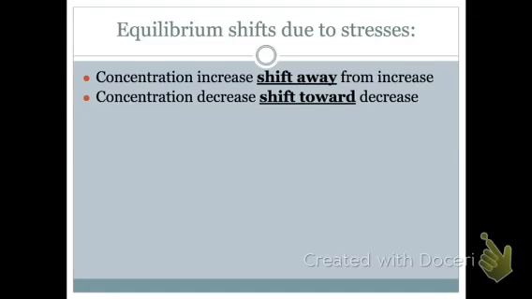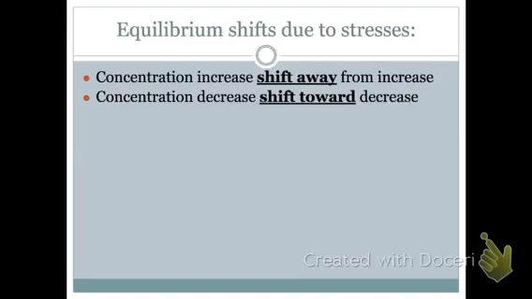Now, equilibrium shifts due to stress. Concentration increase shifts away from the increase. So if you make an increase on the left, it's going to shift to the right. If you increase it on the right, it's going to shift to the left. Concentration decrease shifts towards the decrease, because again, it's just trying to create equilibrium.